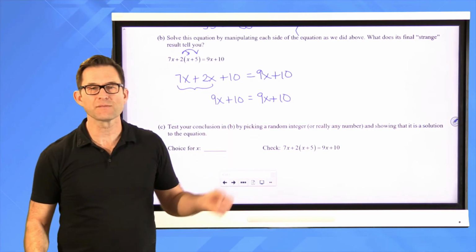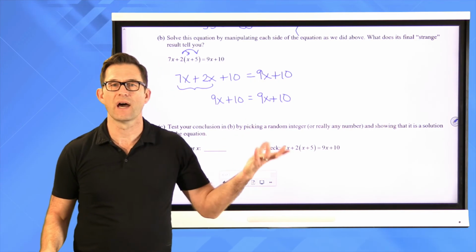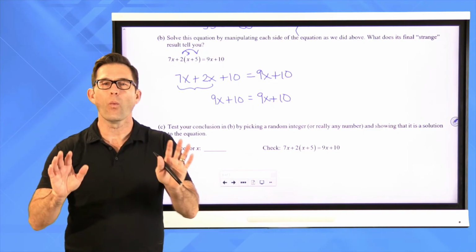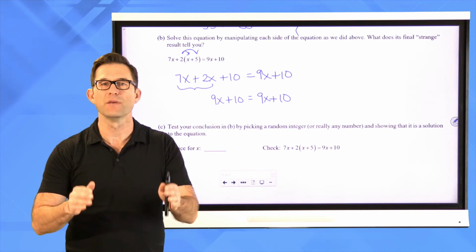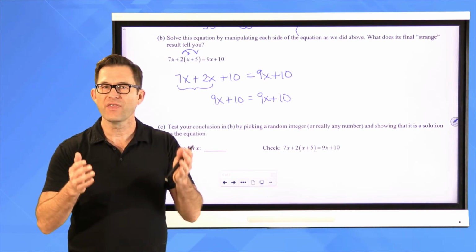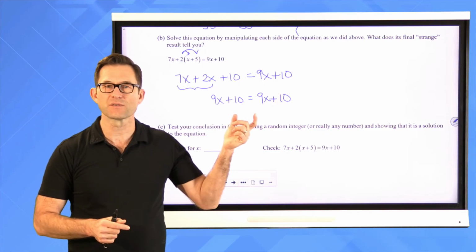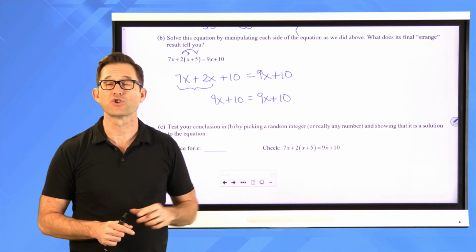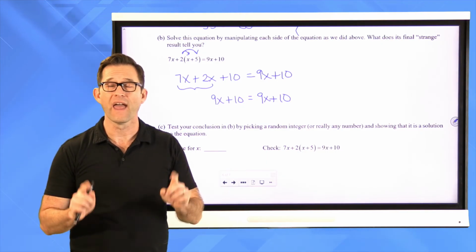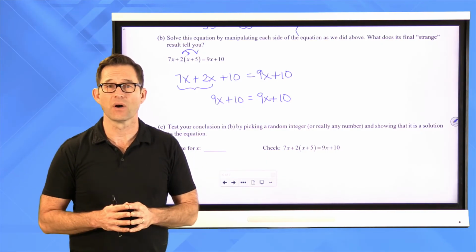I've got 9x plus 10 equals 9x plus 10, right? And I want you to just think about what it means for a value of x to be the solution of an equation. Given the fact that this expression and this expression are identical to each other, you can probably see now why any value of x is going to solve this equation.